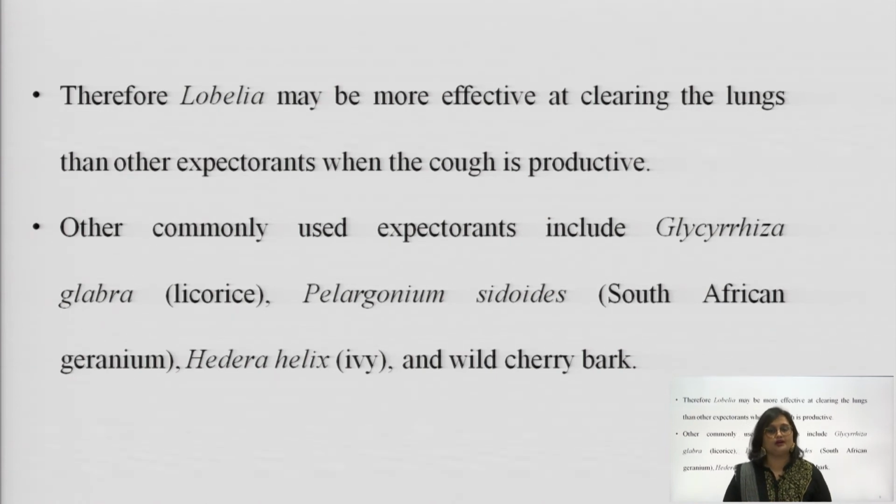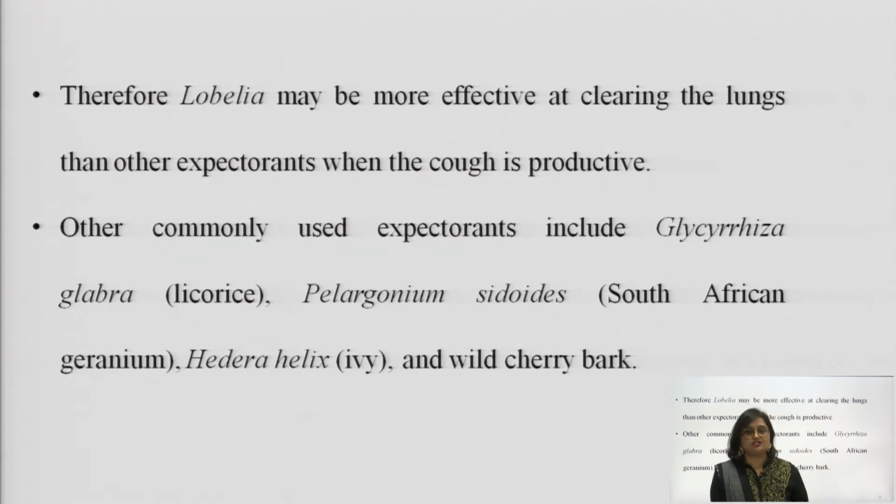Lobelia may be more effective at clearing the lungs than other expectorants when the cough is productive, because first of all, it acts on the viscosity and fluidity of the sputum, and also it stimulates cough.